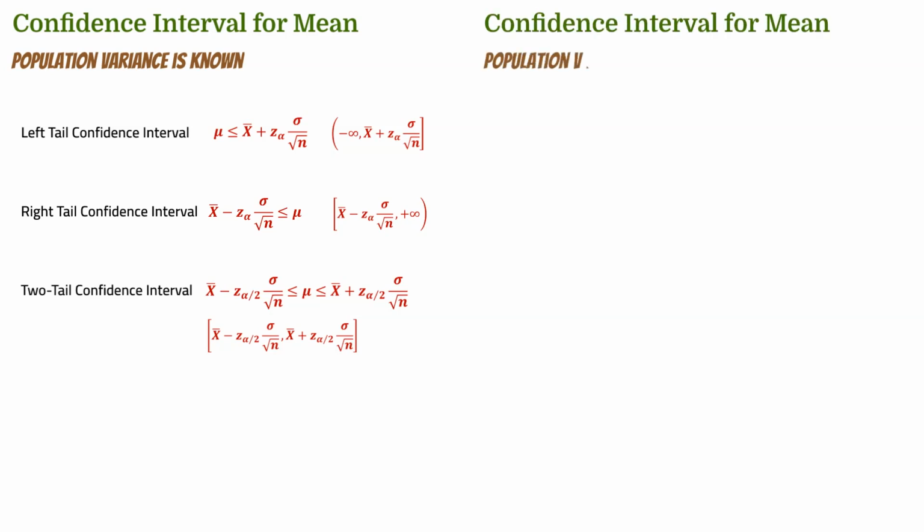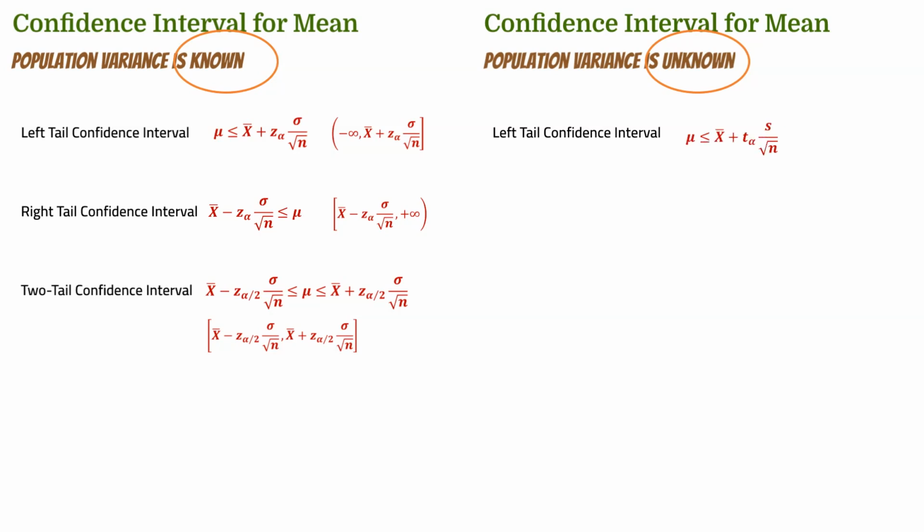Confidence interval for mean when population variance is unknown. So when we go from known variance to unknown variance, you have to use t distribution. So instead of sigma, we have s, and instead of z, we have t. So for left tail, just z changed to t and sigma to s, and pretty much everything else is the same.